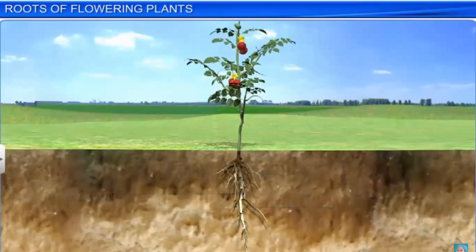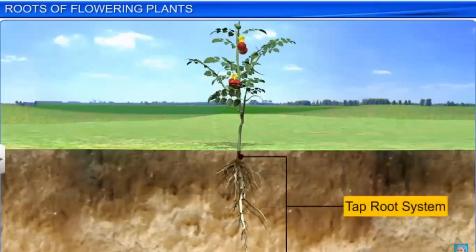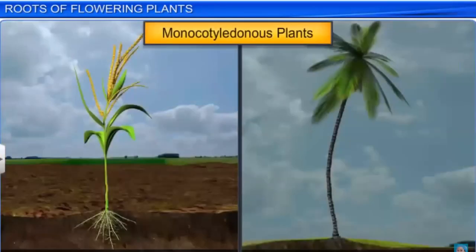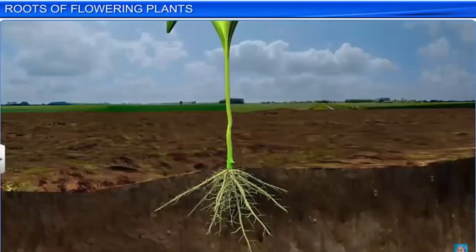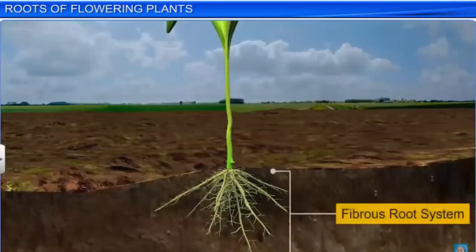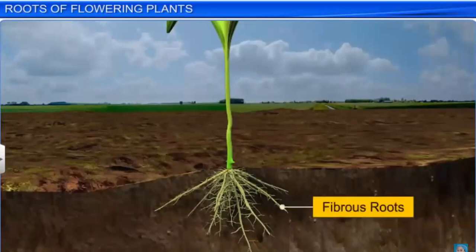The primary root, along with its branches, forms the taproot system. In monocotyledonous plants like wheat and coconut, the primary root is short-lived and is replaced by a network of many large and small roots originating from the base of the stem. This network of roots forms the fibrous root system. These fibrous roots spread laterally and do not penetrate deep into the soil, unlike taproots.